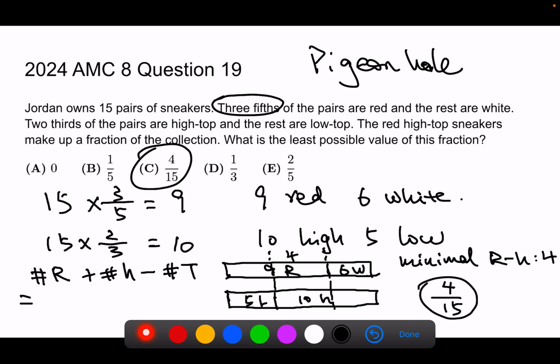In this case, it's going to be, I have 9 red plus 10. This is more than the overall number, minus 15. So this is telling me at least you need 4 red high to make the logic work.